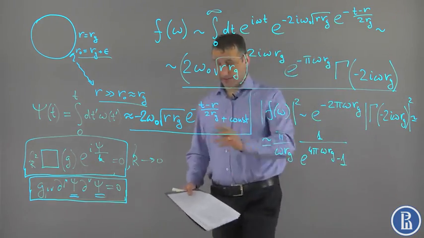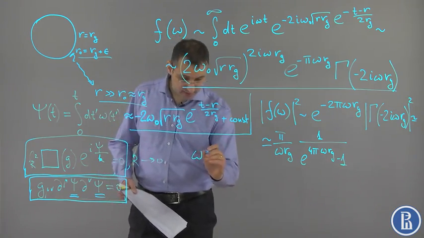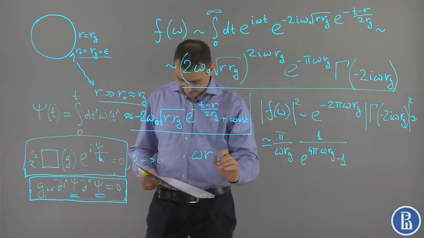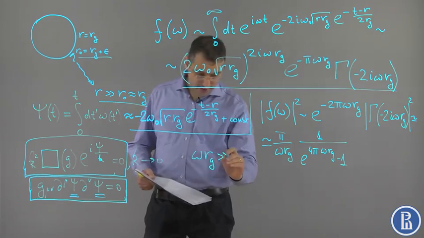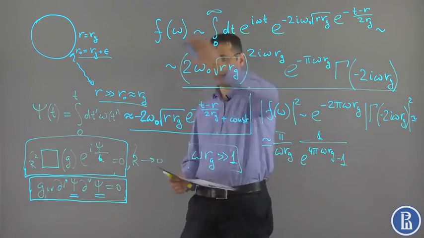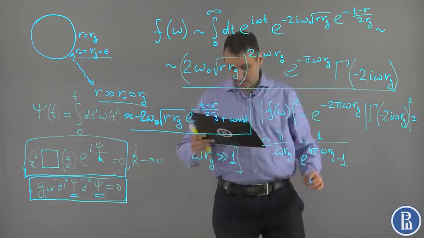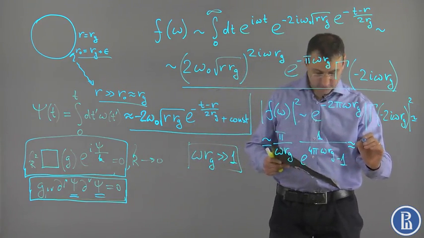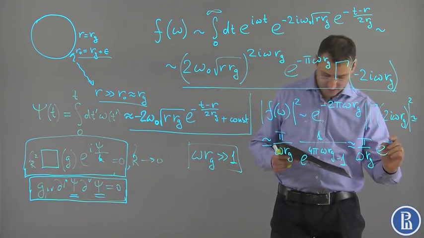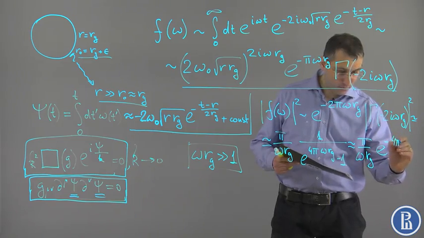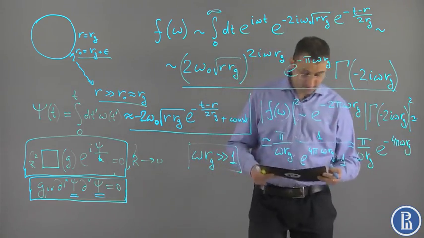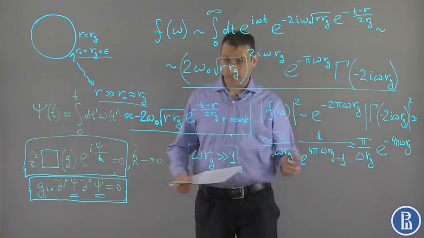But the geometric optic approximation is valid in the limit when the wavelength of the packet is much less than rg, which means that this is true. So only in this approximation are all these manipulations correct. So this is approximately equal to pi times omega rg times exponent of minus 4 pi omega rg. All this has been obtained in the geometric optic approximation.